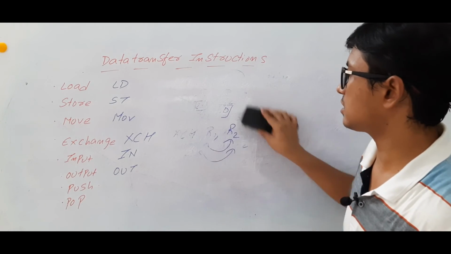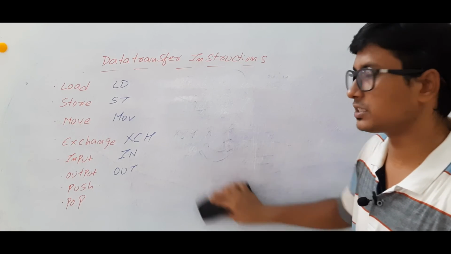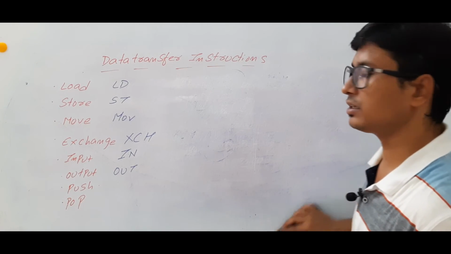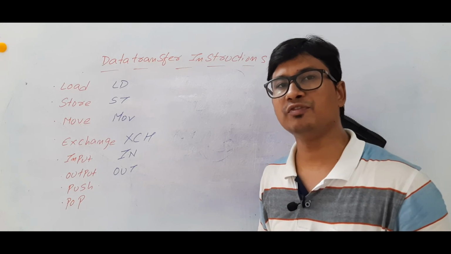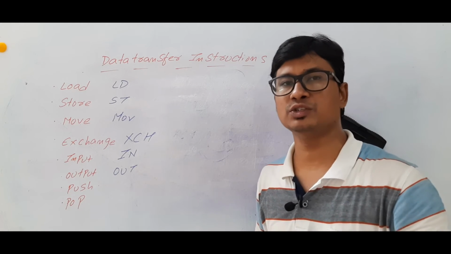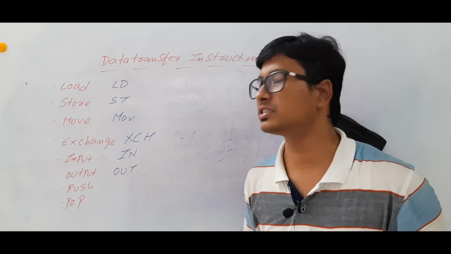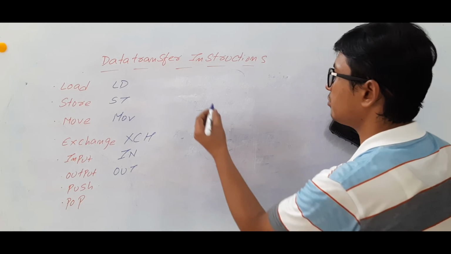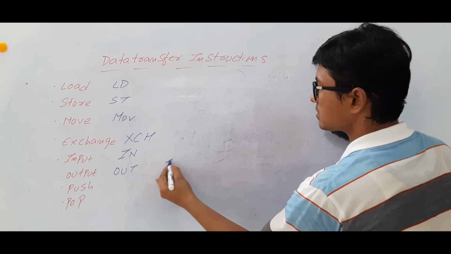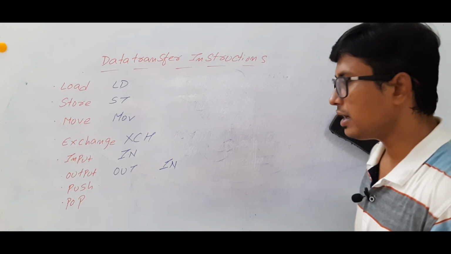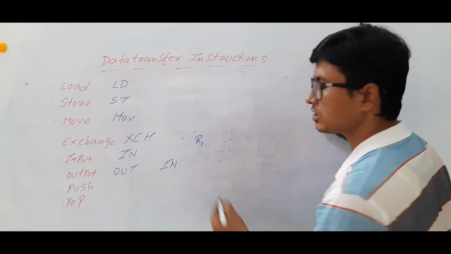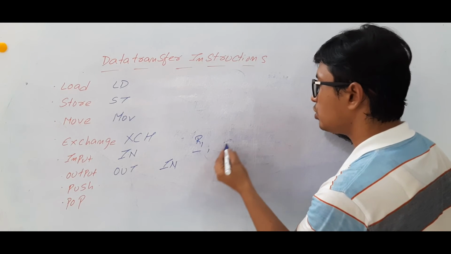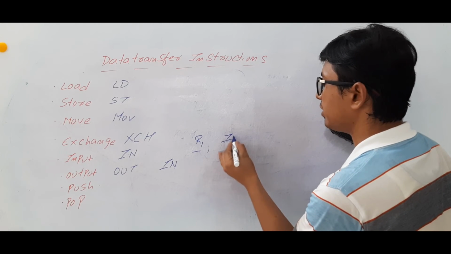Now we will discuss about the input instruction. This input instruction will be useful for you to transfer the data from any input device to the memory or a register. Now let me discuss how it will be. It will be denoted as IN, okay, and here the destination can be some register or some operand and source is your input device.